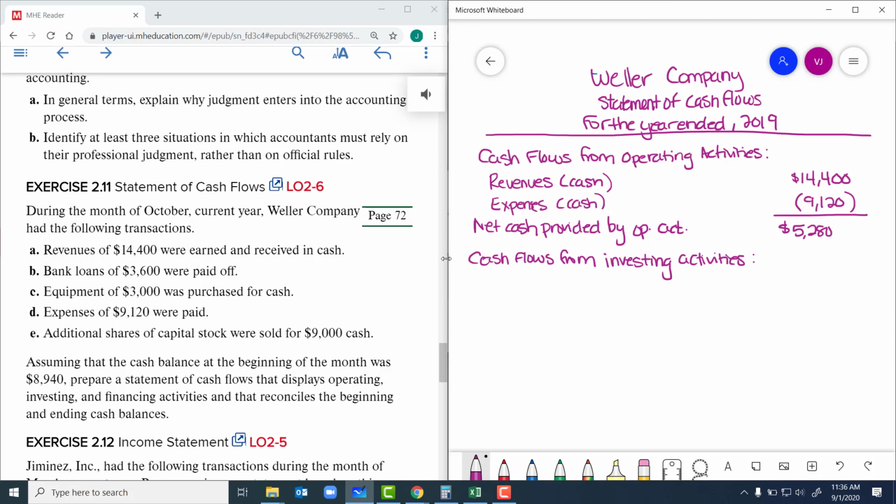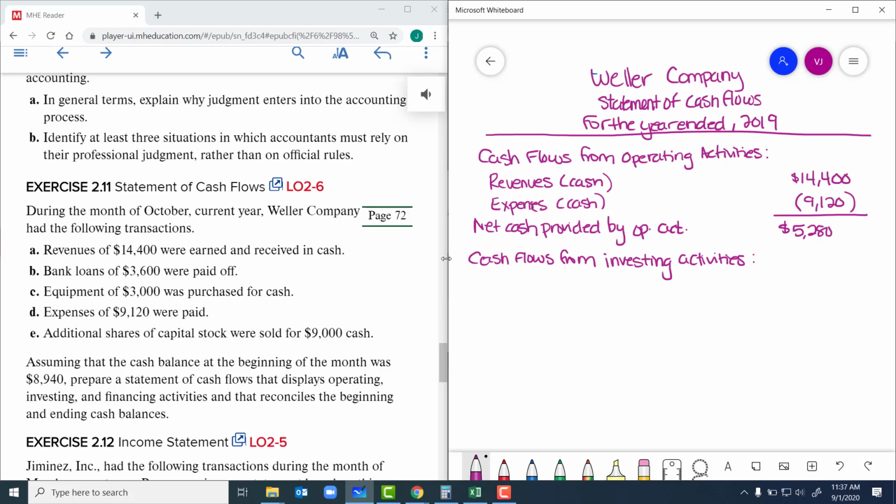Okay, so when we look at the purchase of equipment for cash, that's an investment in an asset that's going to help the business, or at least promote the business's revenue generation, right? Or generating a profit at the end of the day. So purchases of assets is an example of an investing activity when that purchase is made in cash.